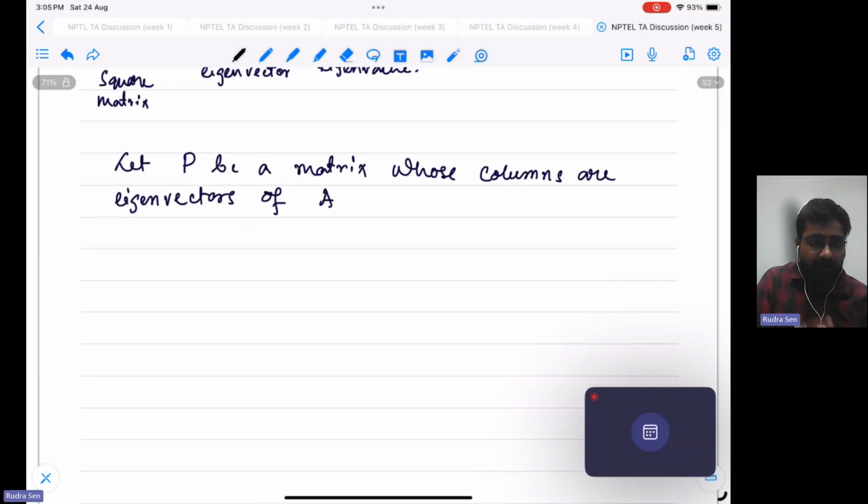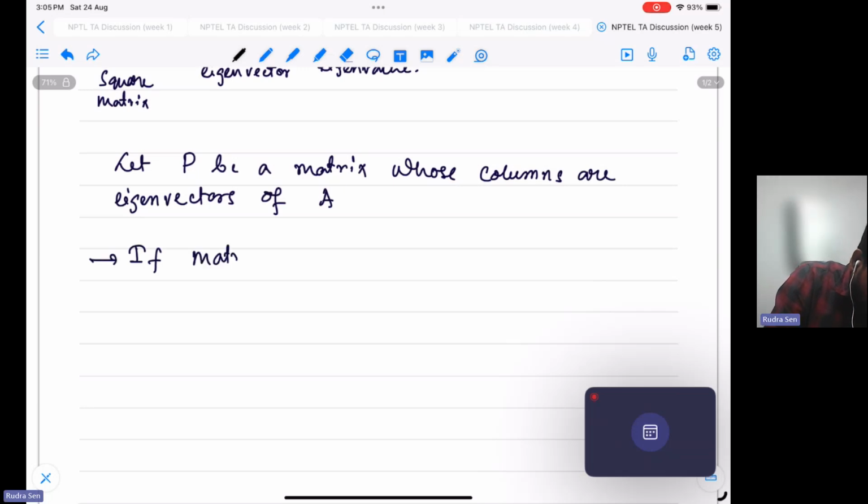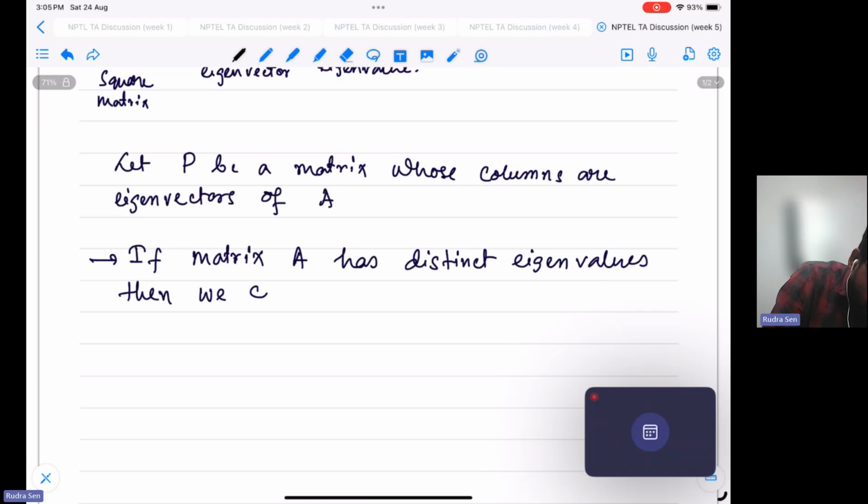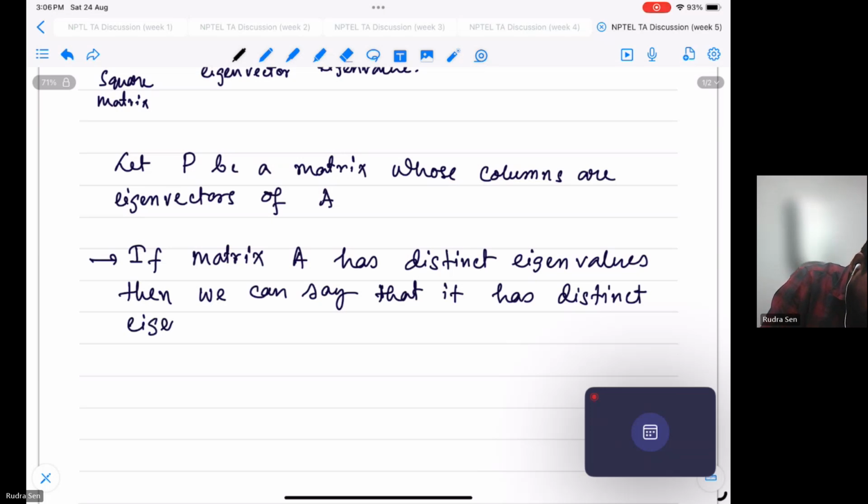If matrix A has distinct eigenvalues, then we can say that it has distinct eigenvectors.